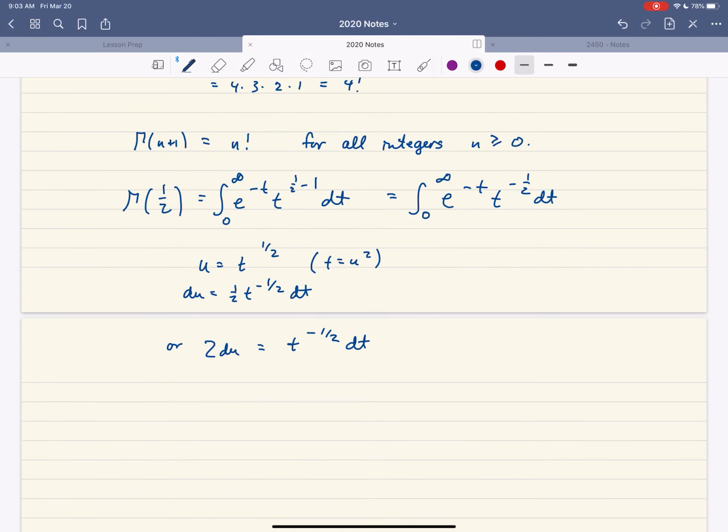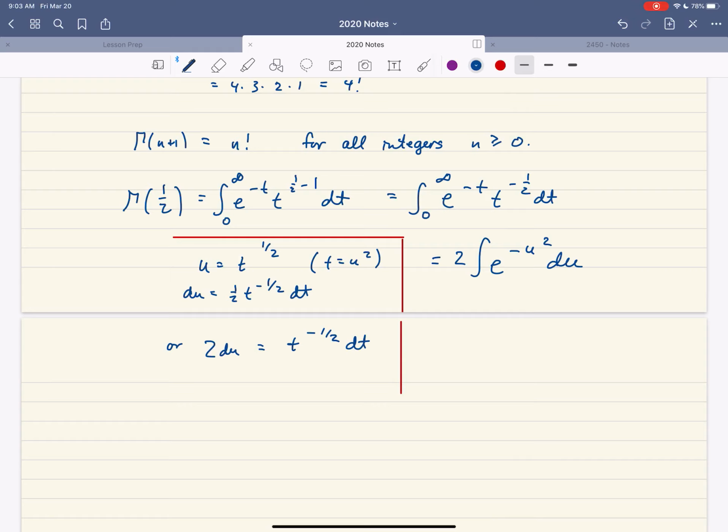And so if we take these values and plug them in, this is going to become the integral. We'll have to change our bounds, but we'll get the integral of e to the negative t, so that's e to the negative u squared, and t to the negative 1/2 dt very nicely just becomes 2 du. So I'm going to put the 2 out front.